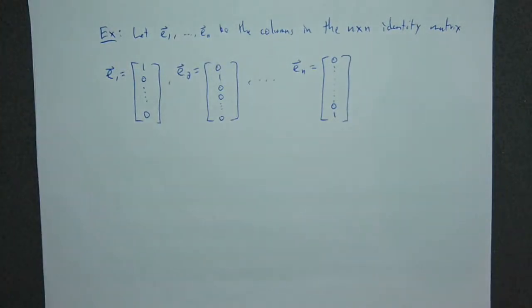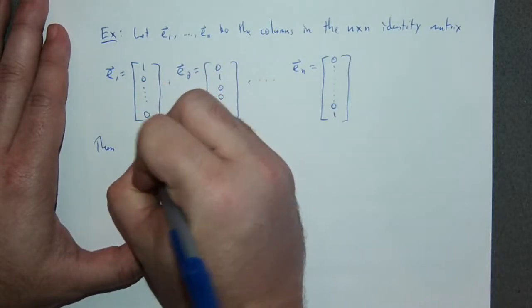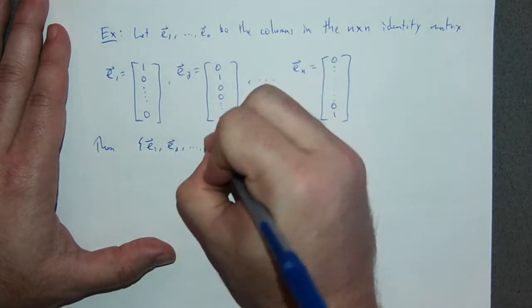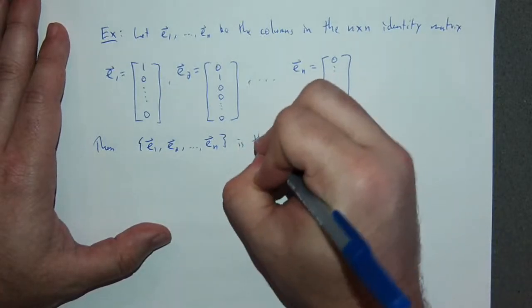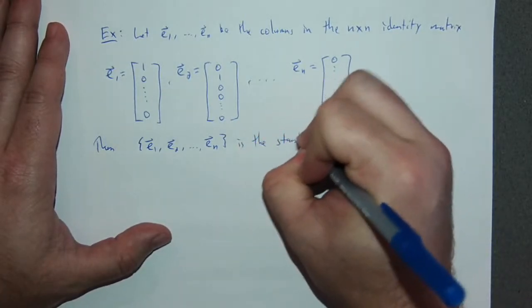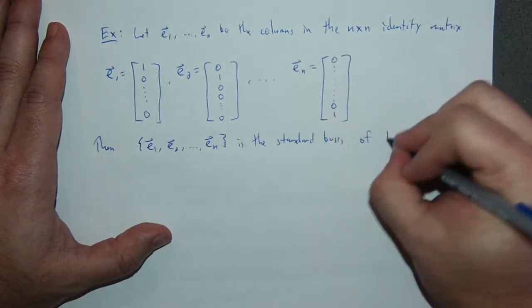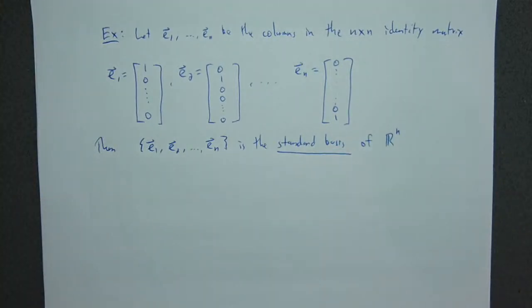Then the set containing these vectors makes up what is called the standard basis of Rn. Those are called the standard basis vectors.